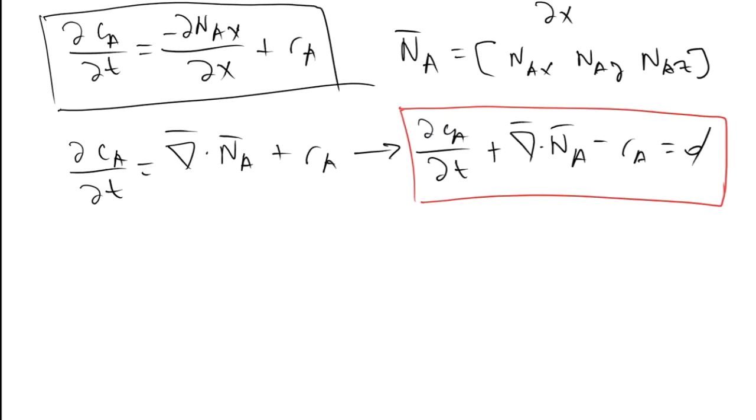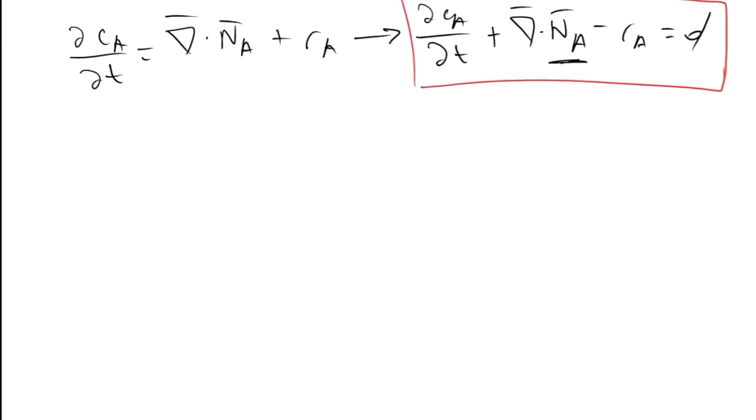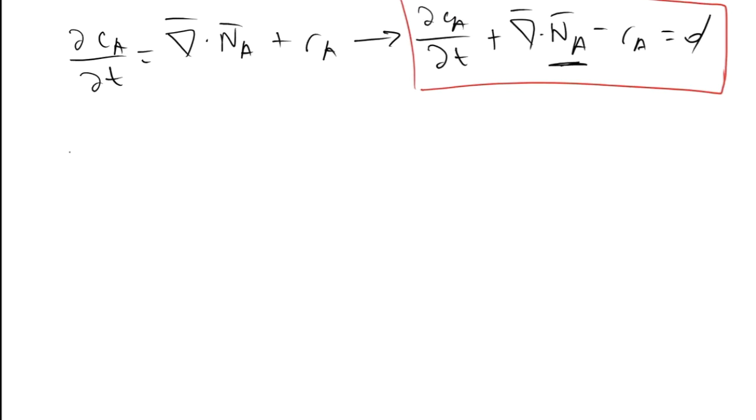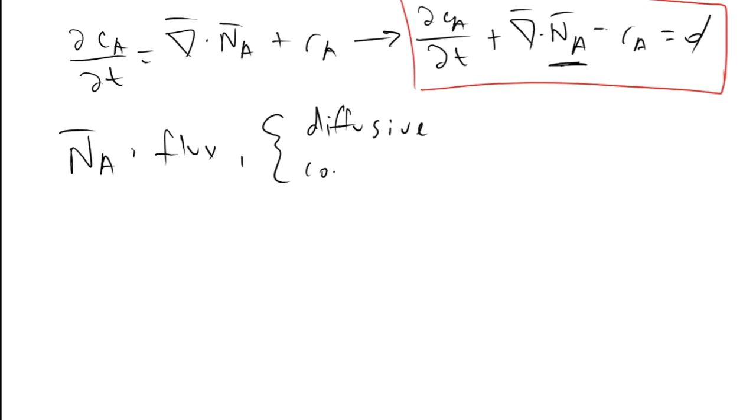And the next thing to note here is you'll see this term NA, and we need to know what that actually is. So going to Fick's law, this term NA refers to flux. And flux has two components. We can have diffusive flux and convective flux.